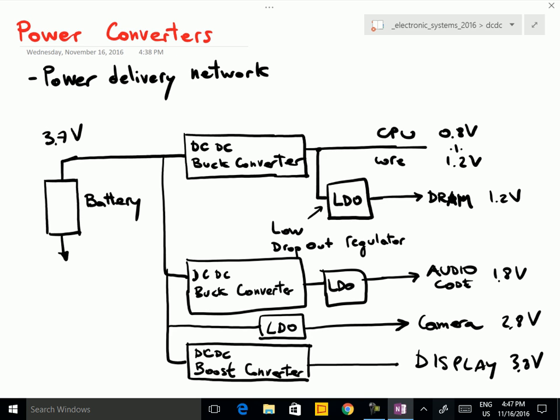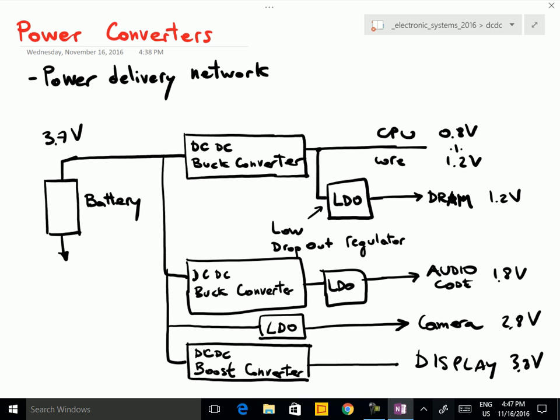You dissipate a lot of power in the LDO. But if the difference between the voltage at the output and the voltage at the input is relatively small, such as in this case, then the LDO can have a good power conversion efficiency, and so you do not need a buck.